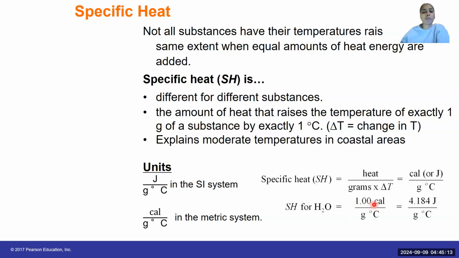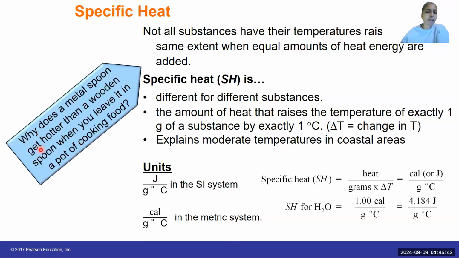Do you remember that 1 calorie is equal to 4.184 joules, right? So the specific heat of water is also 4.184 joules per gram degree Celsius. So joules is the unit in the SI system, and here's the unit in the metric system: calories per gram degree Celsius, or joules per gram degree Celsius.